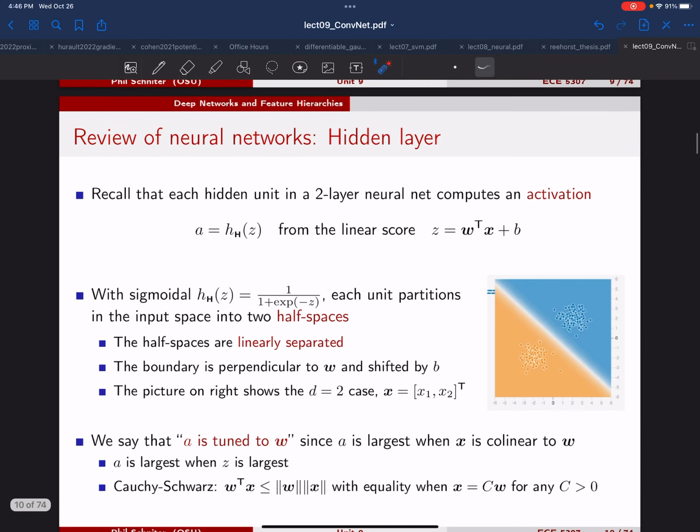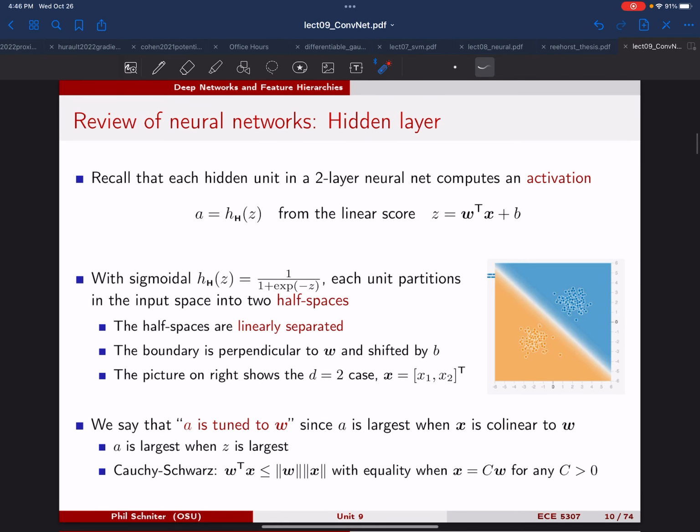Let's just first look at some of the components of how these things work. So just to start, let's think about what happens at a single layer of the network, and even a single, what we might call, hidden feature of a network.